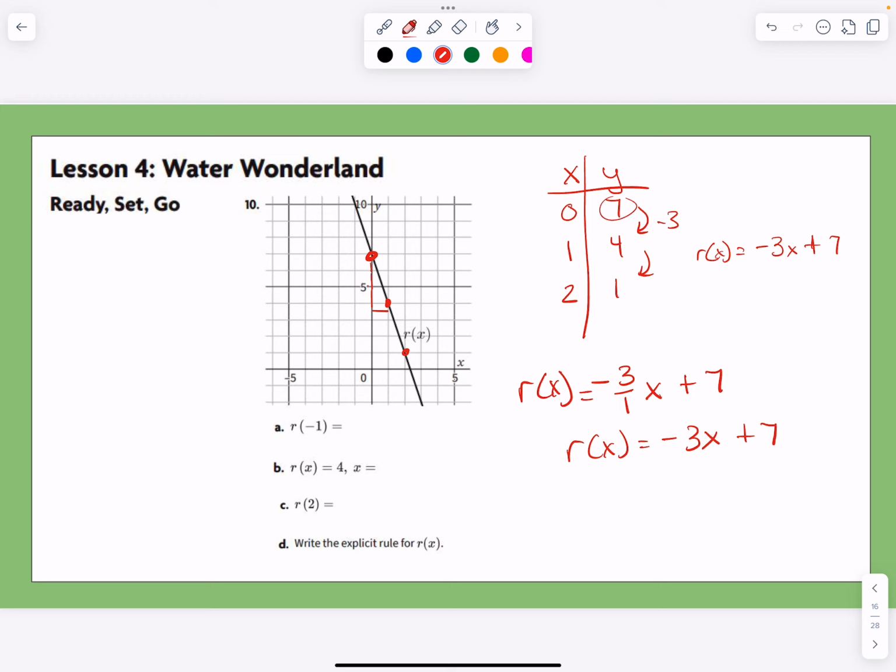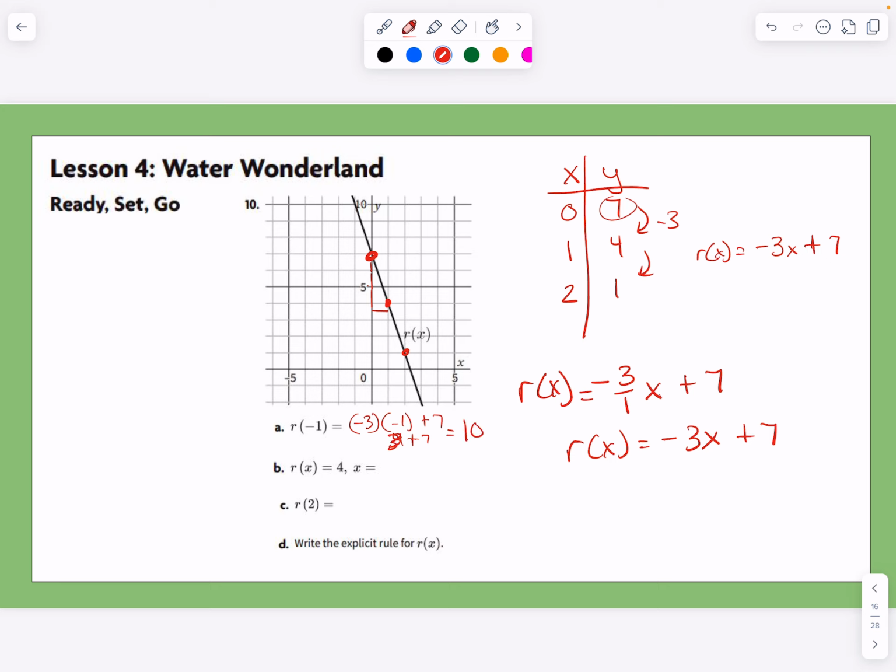So I can use the t-chart too. After that, you're going to plug things in. I'm going to plug them into my equation. So negative 3 times negative 1 plus 7 becomes 3 plus 7, which equals 10.